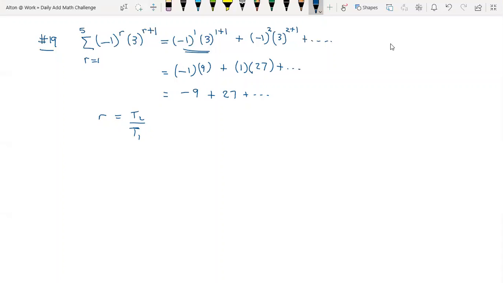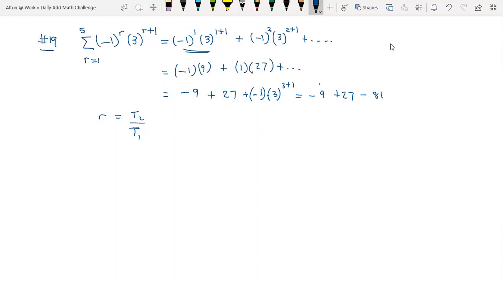The third term will be minus 1 multiplied by 3 to the 3 plus 1. So this will give us minus 9 plus 27. 3 plus 1, that's 3 to the power 4. 3 to the power 4 is 81, multiplied by minus 1 is minus 81.